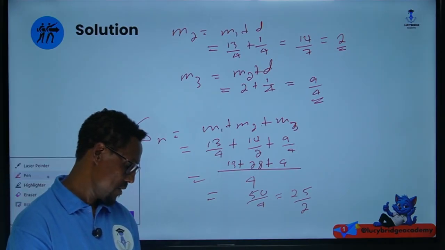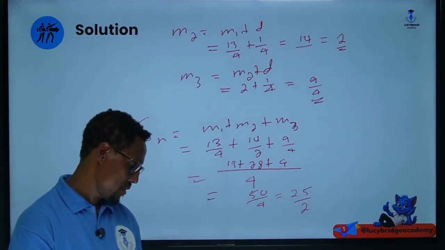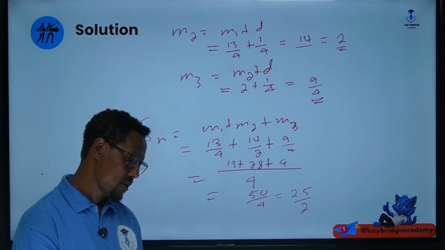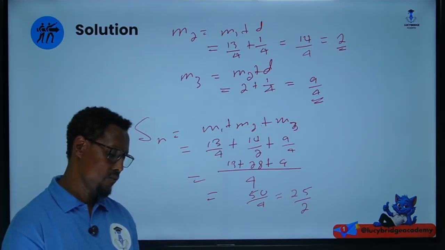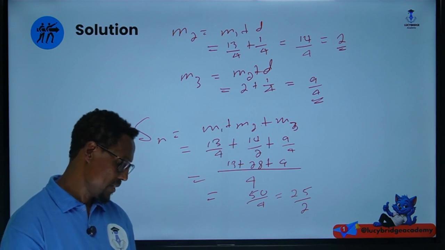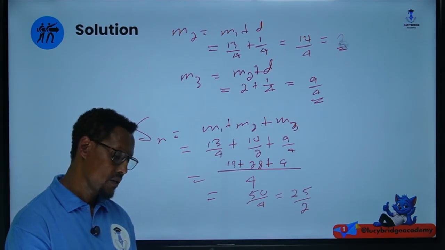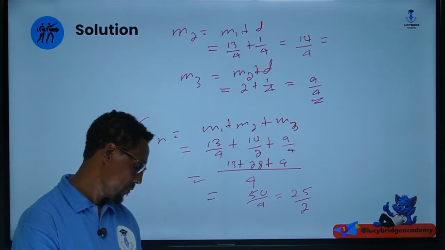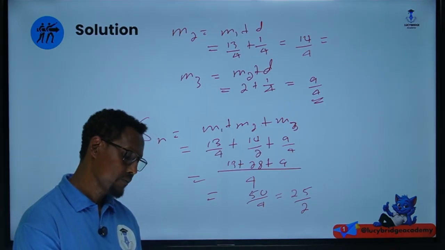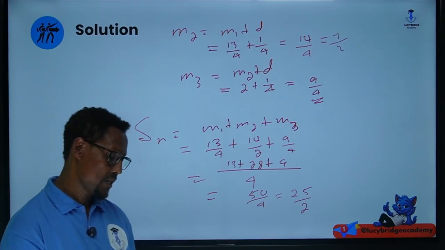Okay, this is 4, not 7. 14 over 4 means, when we simplify, what will it be? 7 over 2. So again here, 7 over 2.